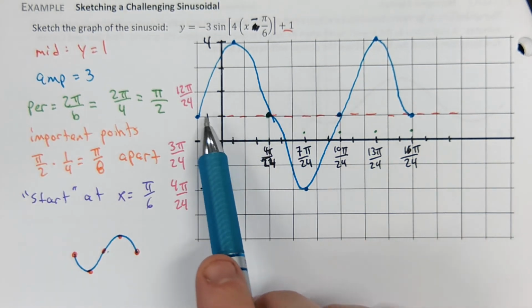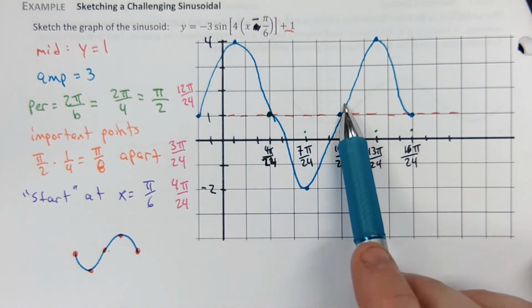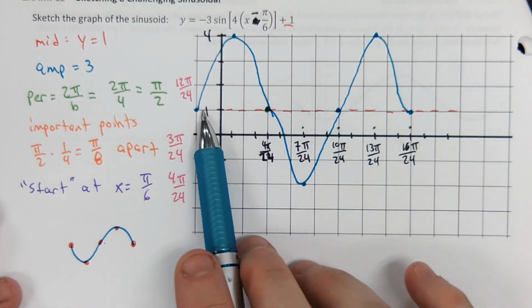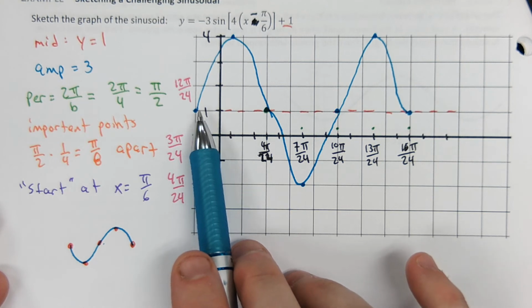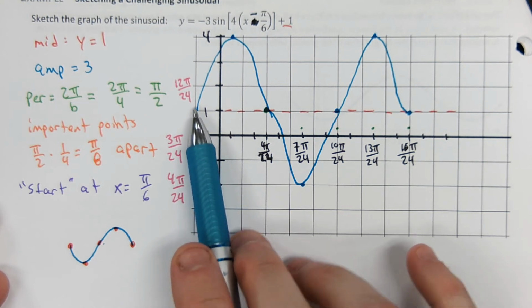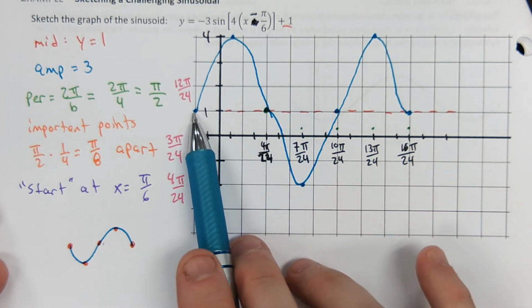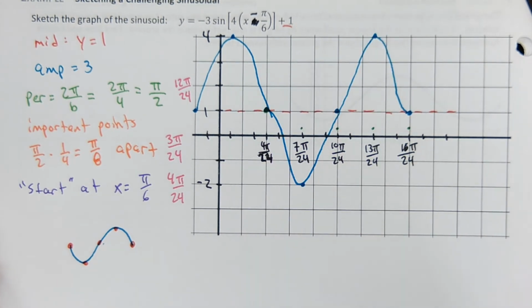I could have said it was shifted to the left and called it a positive sine wave. The exact same graph, but a different equation: positive 3 sine, 4 in front of the x, and then instead of a minus pi over 6, this would be plus 2 pi over 24, which is pi over 12, plus 1. And that would have been the exact same graph. An infinite number of ways to write the equation for the exact same graph.